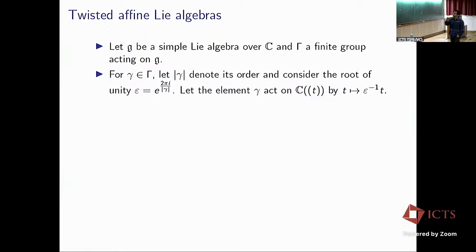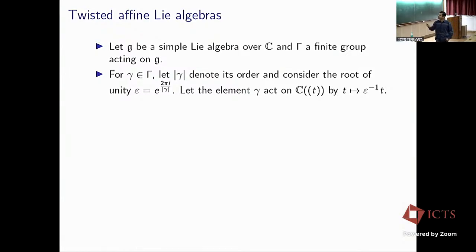I denote the order of this element in the group, and I take the corresponding root of unity. Now we consider the Laurent series in C, and we have an action of this element on this Laurent series ring by scaling the t by the inverse of this particular root of unity.